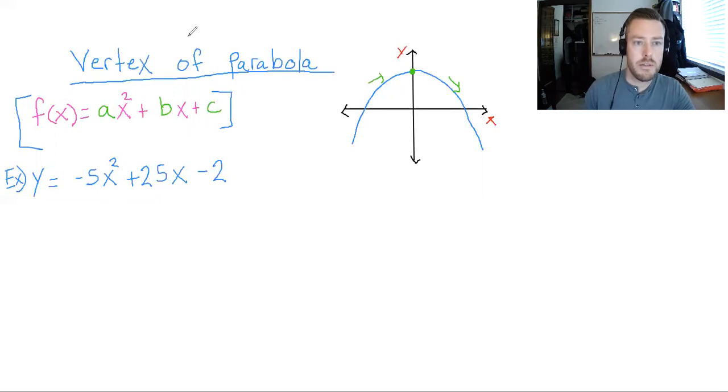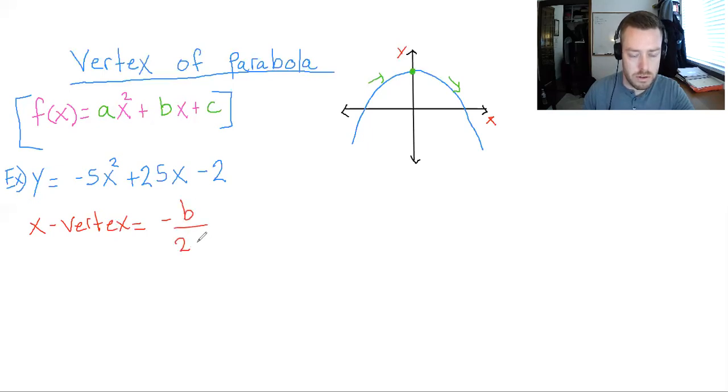If you're an algebra student, there's a certain formula: the x vertex is equal to negative b over 2a. The x vertex is the x point. As we set up here, f of x equals ax squared plus bx plus c, so b is the coefficient tacked onto the x.